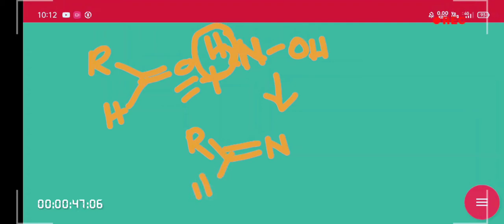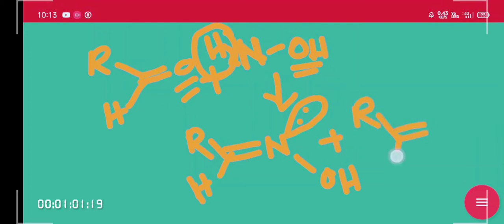So hydrogen, and there are two types of arrangement possible for this OH. One, OH here, lone pair here. Another, you can guess, nitrogen, OH here, lone pair here.